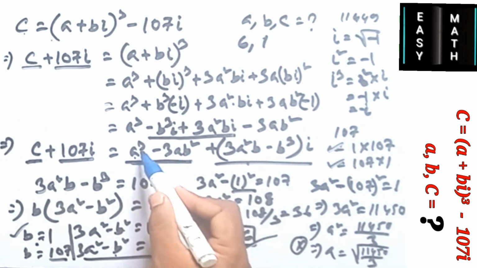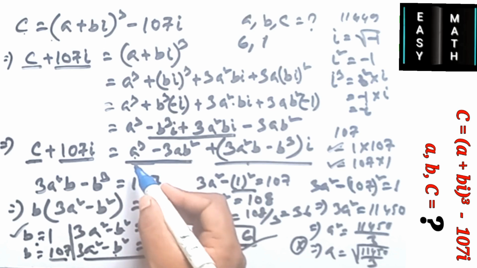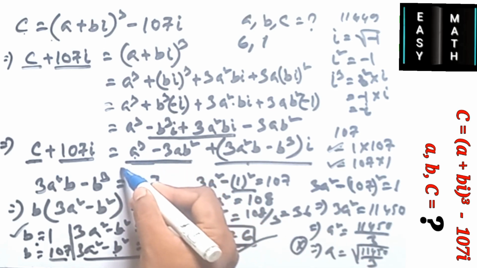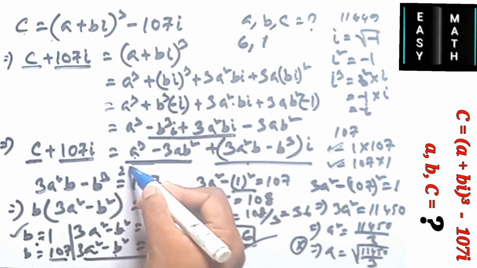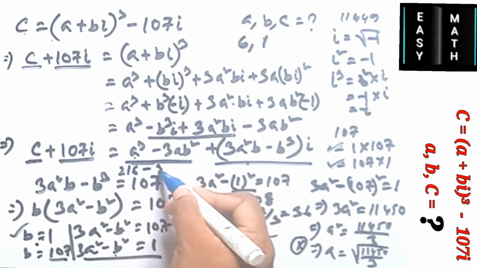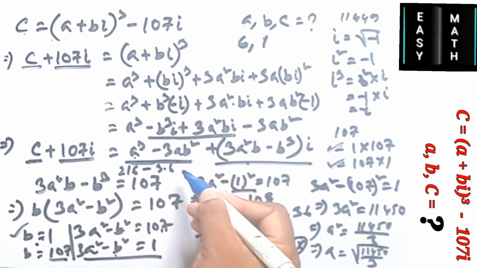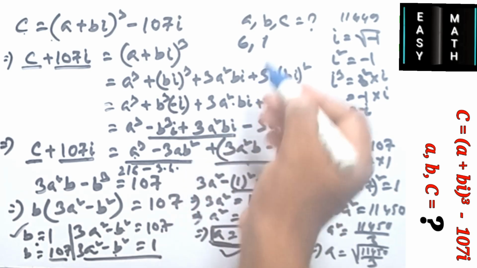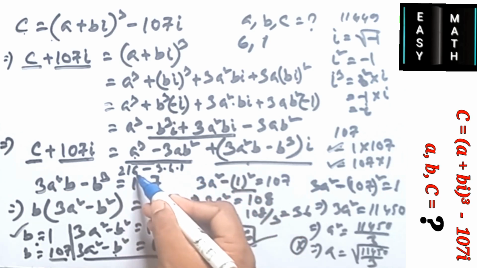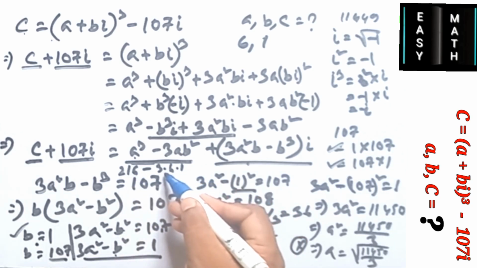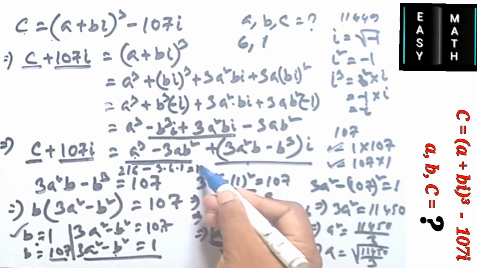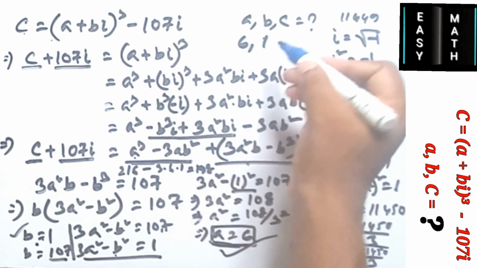So a value is 6, so 6 cubed is 216, and there is the 3, and this a is 6 and b is 1 squared, so 1, so 216 minus 18, so total value is 198. So C value is 198.